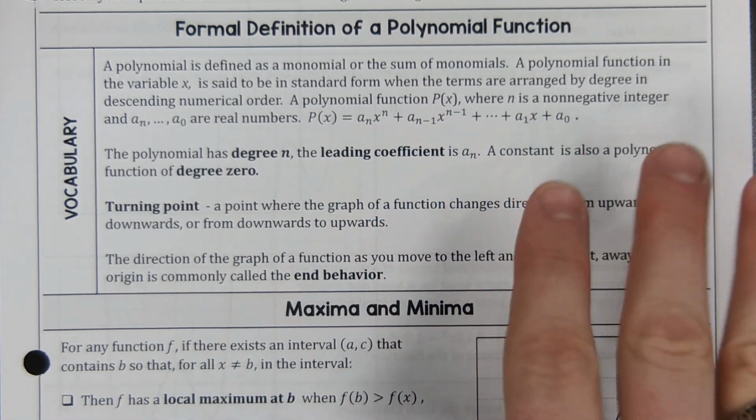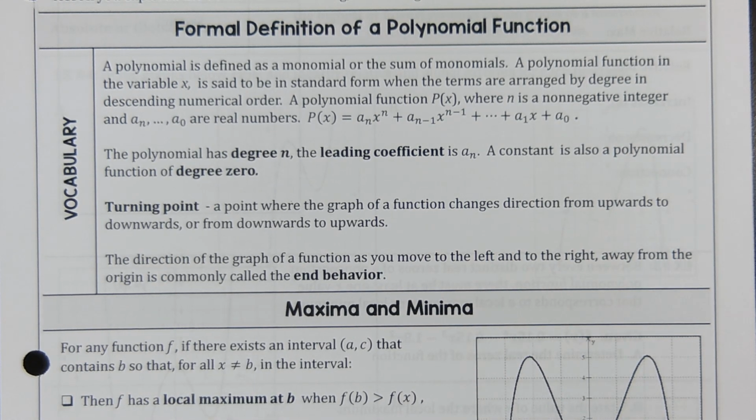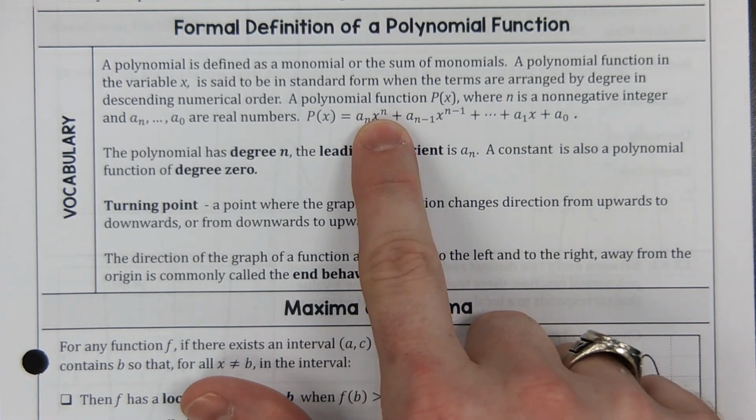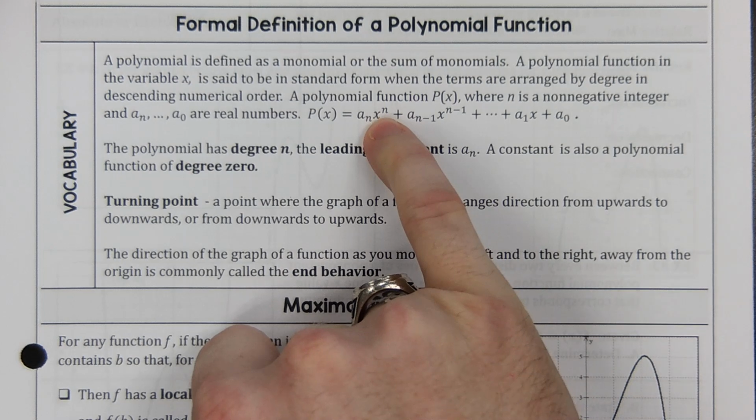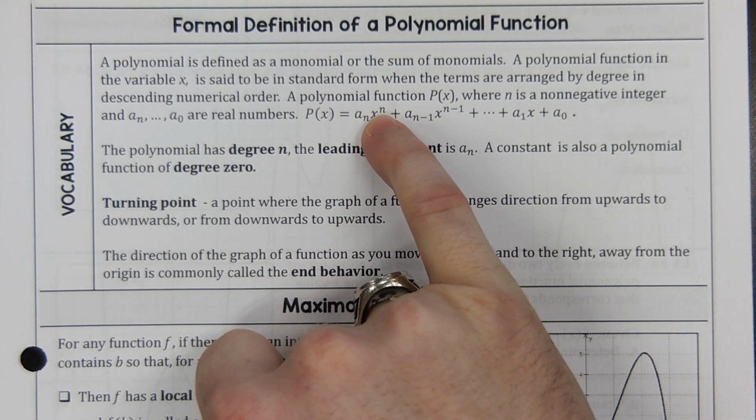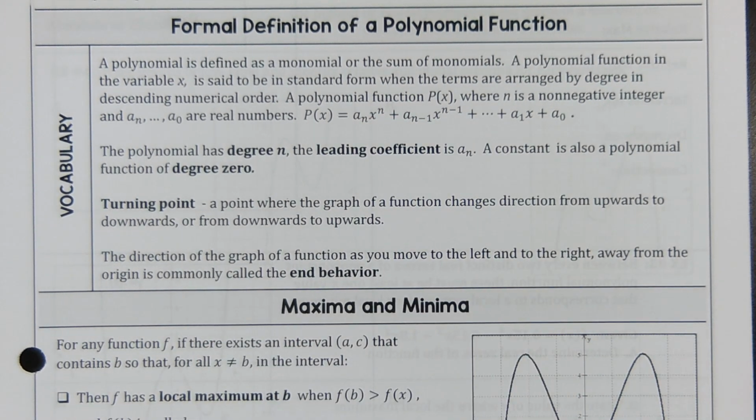It's not here, but standard form of a polynomial writes it in order from biggest exponent down to smallest exponent and possibly no exponent. That's standard form. Why do we care? Because when it's written in standard form, that first term gives us a lot of information. Firstly, the biggest exponent, that is the degree of the polynomial.